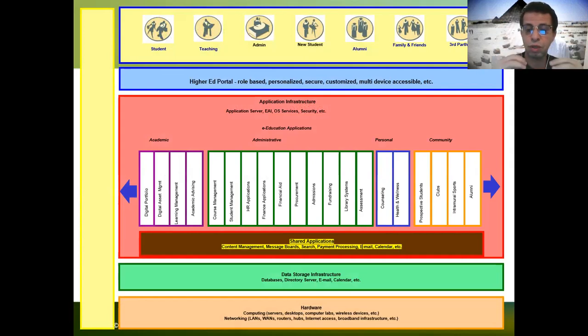Then, according to the functionality and the processes needed, we go down to the data storage infrastructure and then the hardware. So when you are trying to build an IT infrastructure, an IT solution, you start from the stakeholders and go to the bottom.